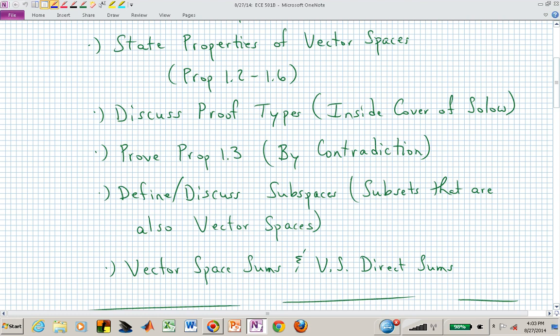We will talk about combining vector spaces by a sum operator, and then we will talk about vector space direct sums. That may not be today. It actually may be Labor Day, and you'll get to watch that via a video recording. Maybe we'll do that offline, so that we can squeeze that material in, which is still a part of Chapter 1.